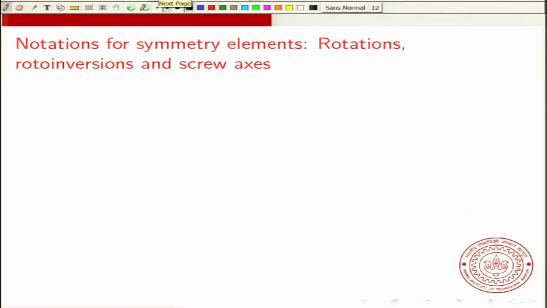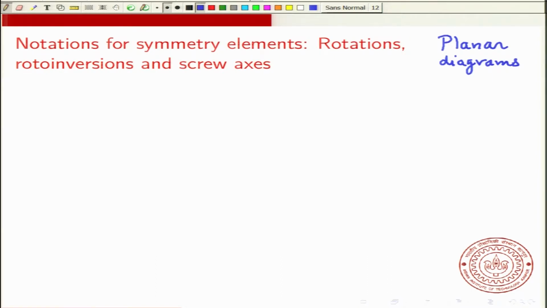Now let us look at the notations for different symmetry elements, and these are notations that are usually shown on the planar diagrams. So on the planar diagrams you use these notations for symmetry representations, and it turns out that using these notations, we can actually generate, using these symmetry elements and an asymmetric unit, the entire crystal.